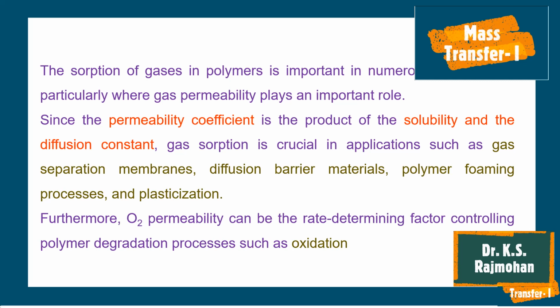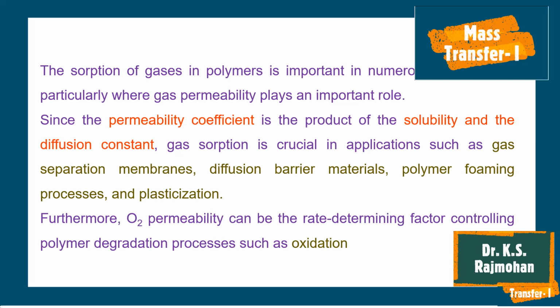In applications such as gas separation membranes, diffusion barrier materials, polymer forming processes and plasticization, this permeability coefficient is useful. Oxygen permeability can be a rate determining factor controlling polymer degradation processes such as oxidation. So these problems will be useful to us.